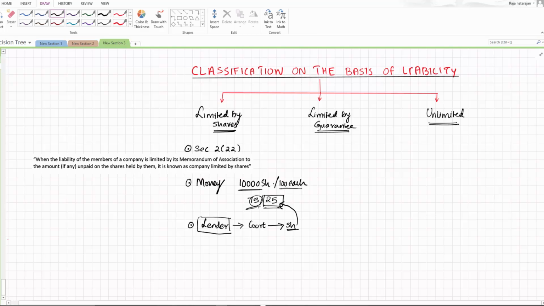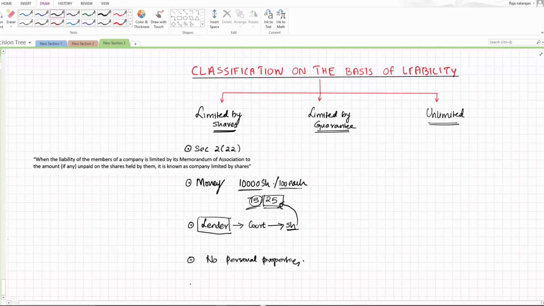So the liability of the shareholders is restricted to the unpaid amount only and not beyond that. It means no personal properties of the shareholders will be attached for any other liabilities of the company.